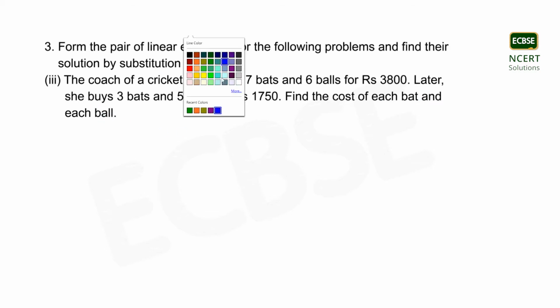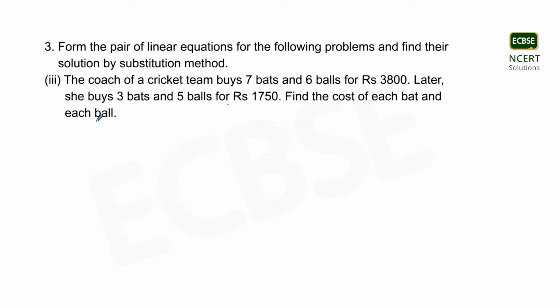So in order to find the cost of each bat and each ball, we will let each bat cost be equal to rupees x, and each ball cost be equal to rupees y.